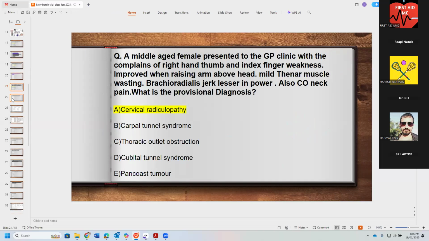Can you again tell the difference between Horner and Pancoast syndrome? Look, the difference between Horner and Pancoast syndrome is that Horner is a part of the Pancoast tumor. So if a Pancoast tumor is compressing a ganglion, it can cause Horner syndrome.